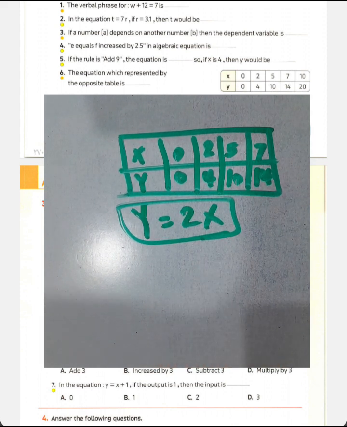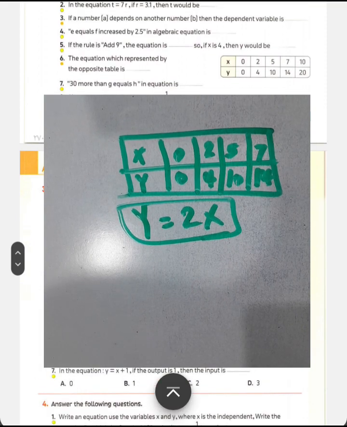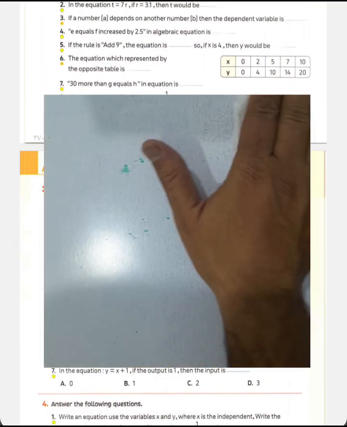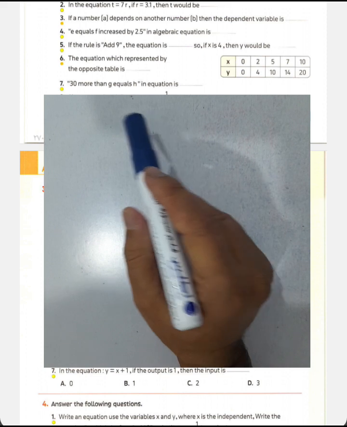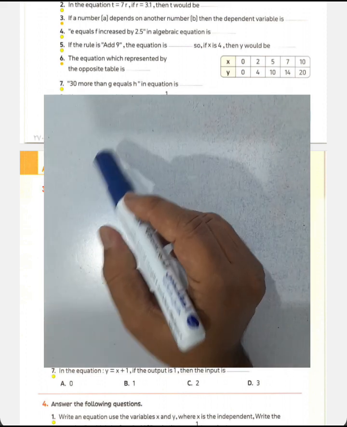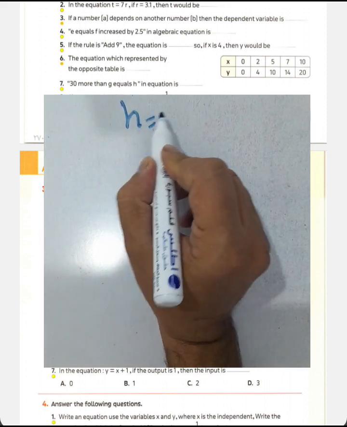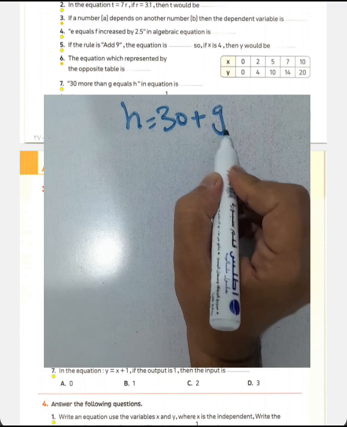Number 6. Question 7. 30 more than g equals h, in equation what? 30 more than g equals h. It means h equals 30 more than g, meaning plus 30 plus g.